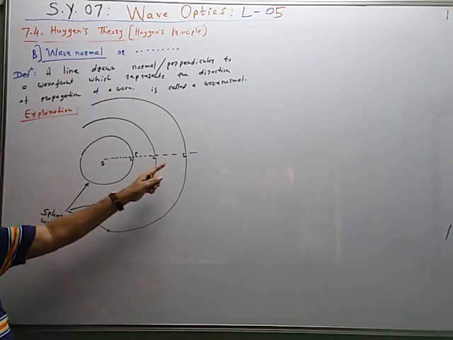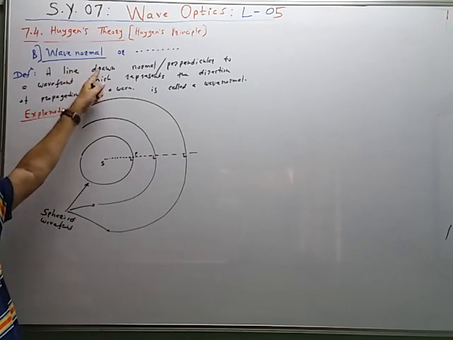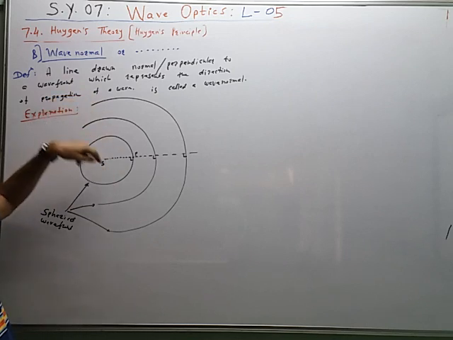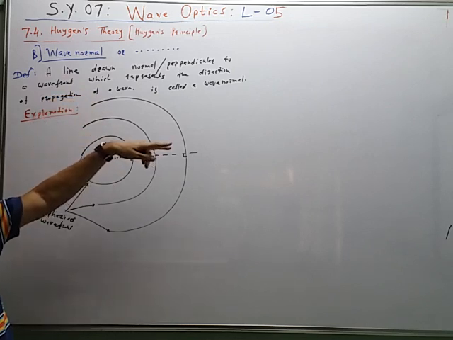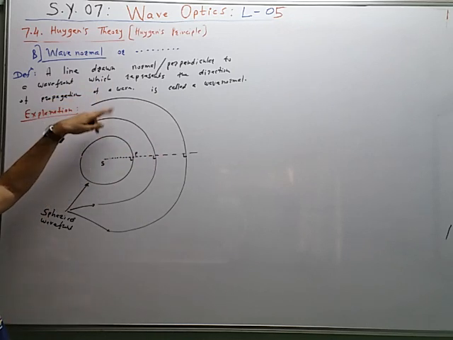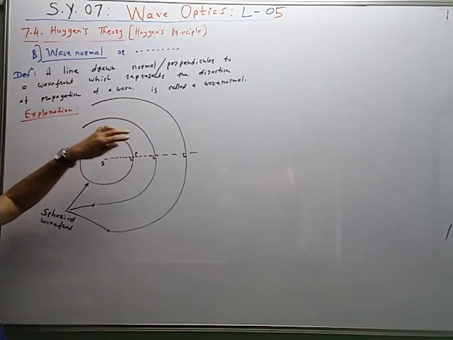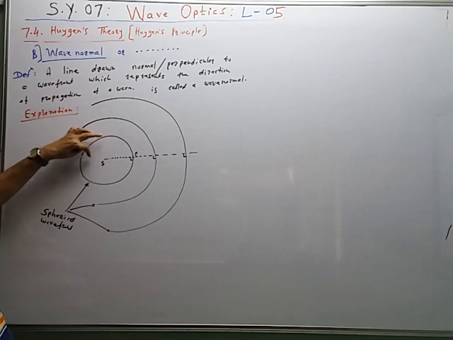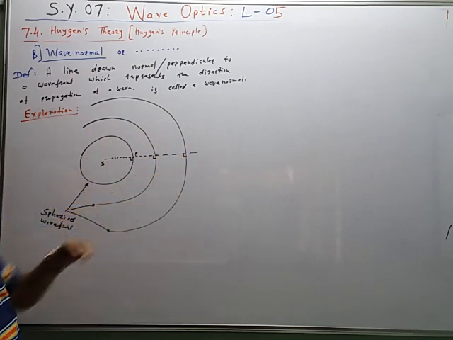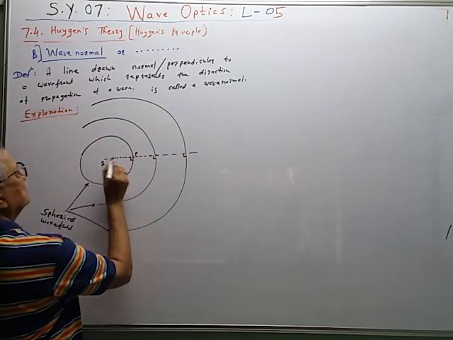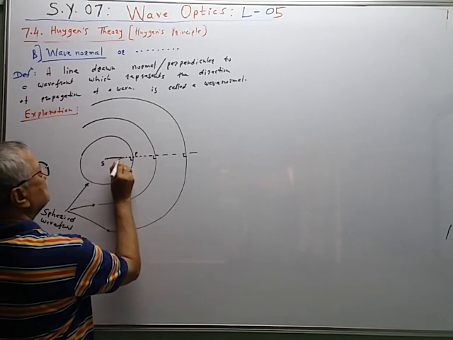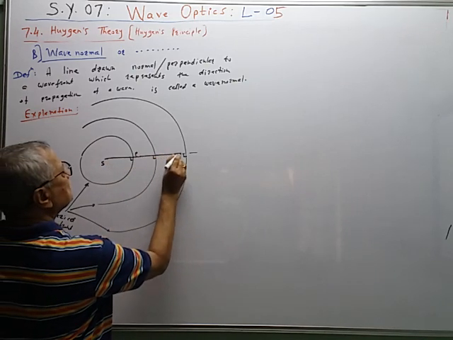So SP is a line drawn normal to the spherical wavefront. So the line SP represents the wave normal, and this is the source. So from this source the wave propagates in this direction like this. So this is the line which represents the wave normal.